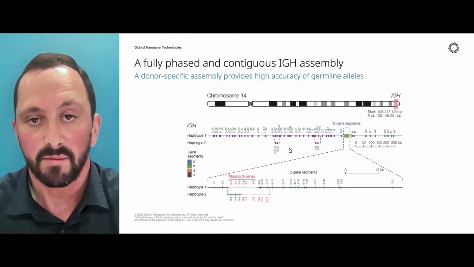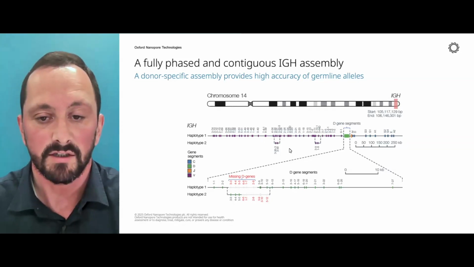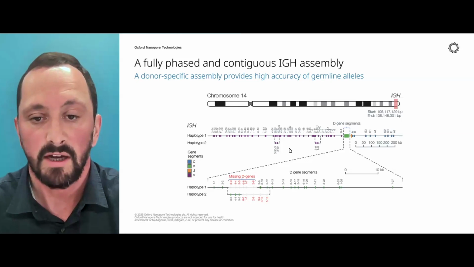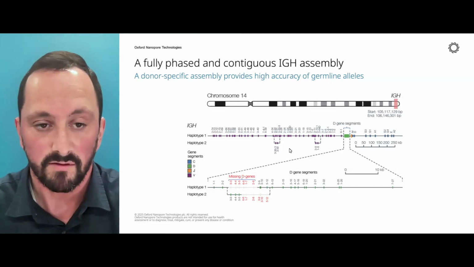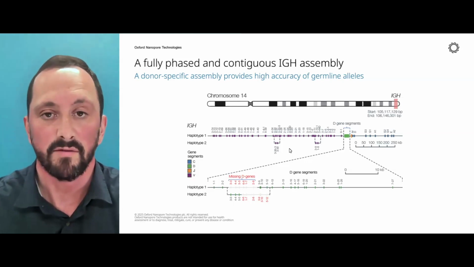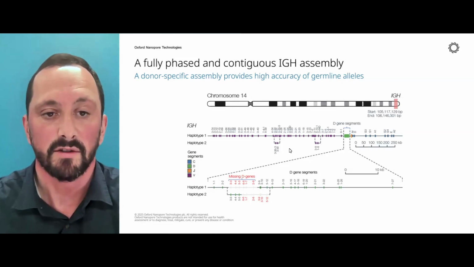You can see that the haplotype 1 and haplotype 2 alleles are slightly different in certain areas. And then in the D genes as well, we see some D genes that are different between each haplotype. So this is maternal and paternal copies of the IgH assembly that we can fully annotate and resolve based on the haplotype and the VDJ C alleles that are present in the individual's genome.